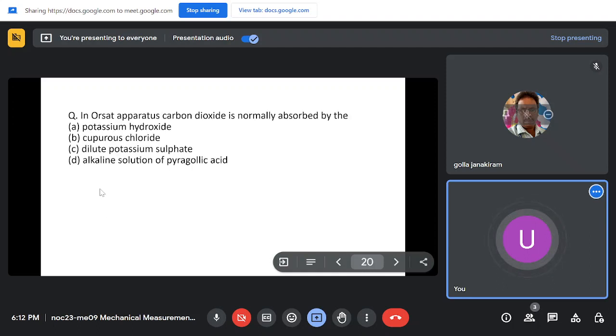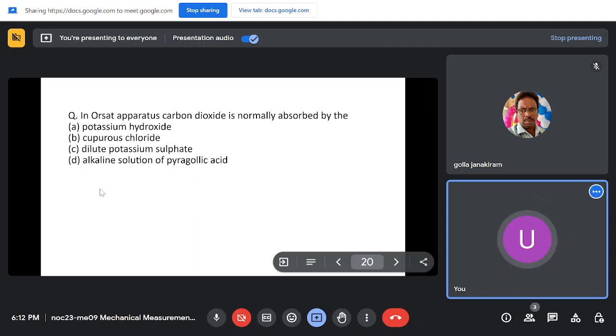Next question: in Orsat apparatus, carbon dioxide is normally absorbed by. As I said earlier, in Orsat apparatus we have three solutions to absorb separate flue gas components. You have potassium hydroxide, you have alkaline solution of pyrogallic acid, which is potassium hydroxide plus pyrogallic acid, and then you have cuprous chloride.